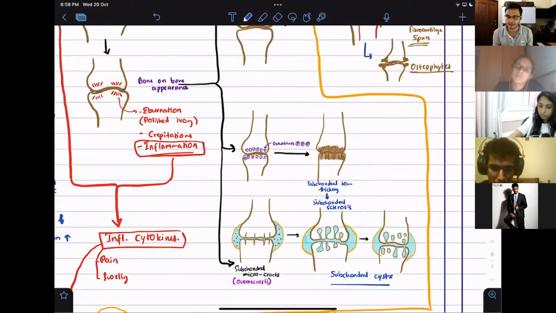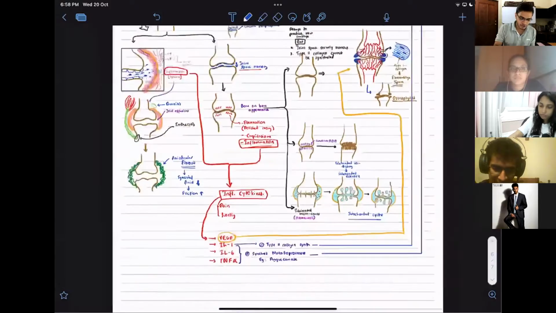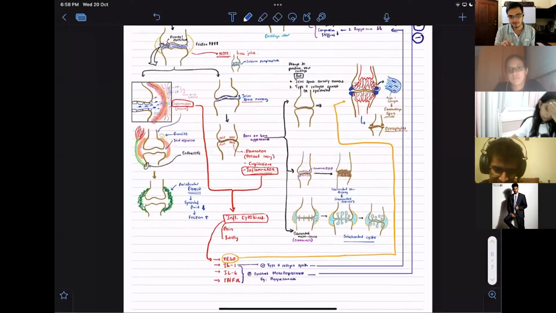All of these can be there. Did everyone understand that? So understand the mechanisms of the pathophysiology. It's okay to remember it like a story, step by step, but you cannot say an early-stage patient will not show osteophytes or sclerosis.